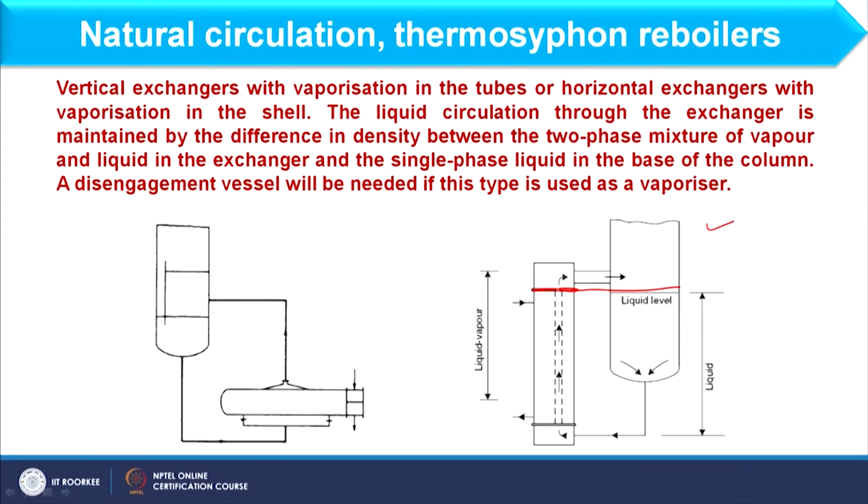The liquid level in the distillation column will be almost the same as the tube length. We carry this out because we provide natural circulation, and for that we have to consider a significantly long pipe, and that depends on the tube length, right.